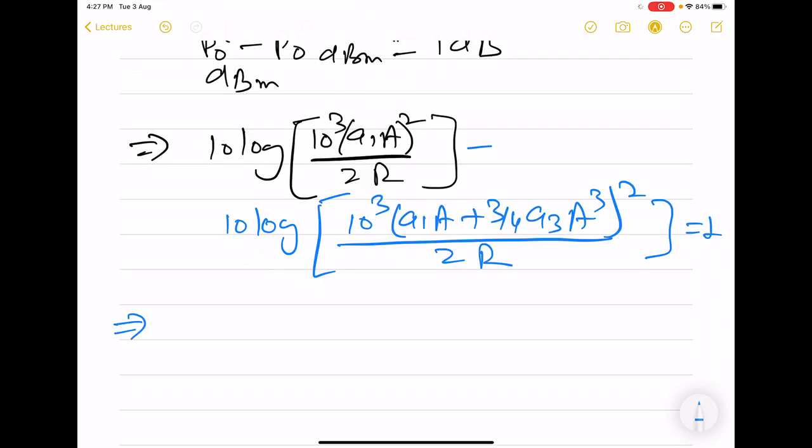So this will become minus 10 log. We can divide the second argument with this one.